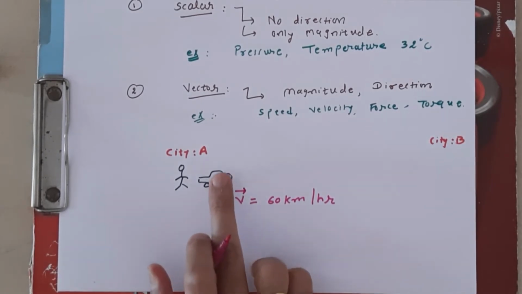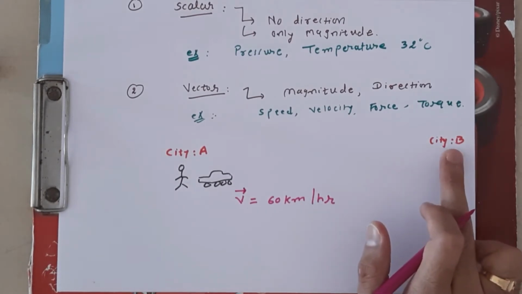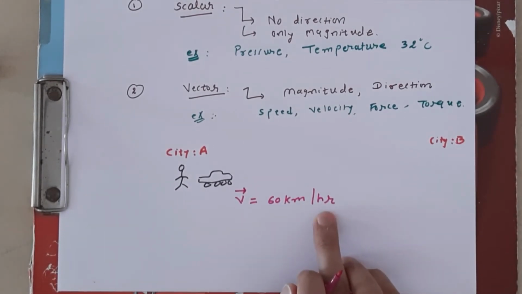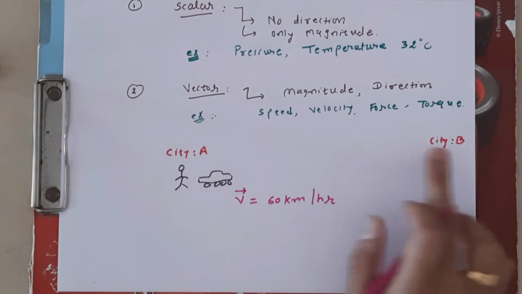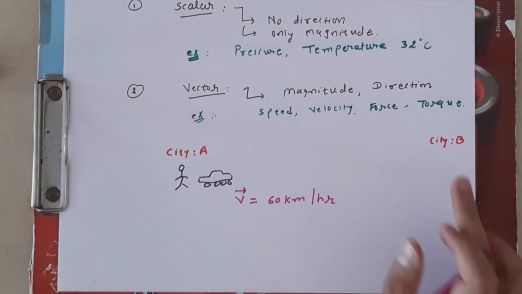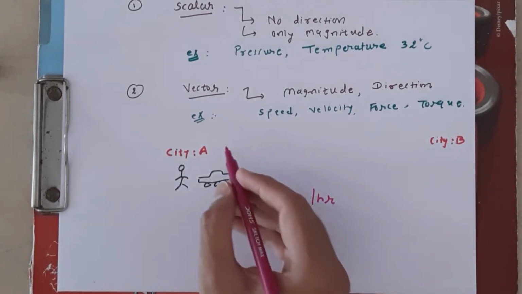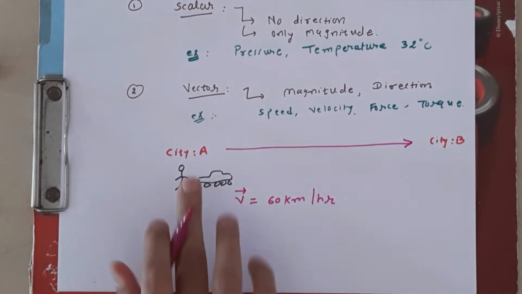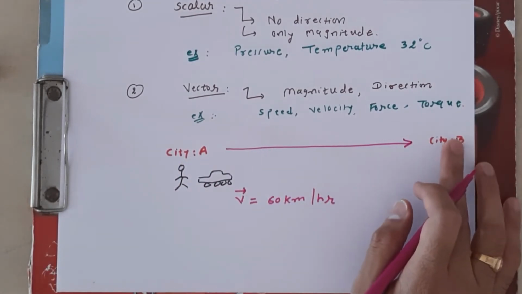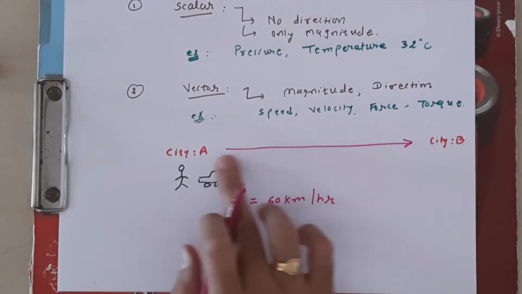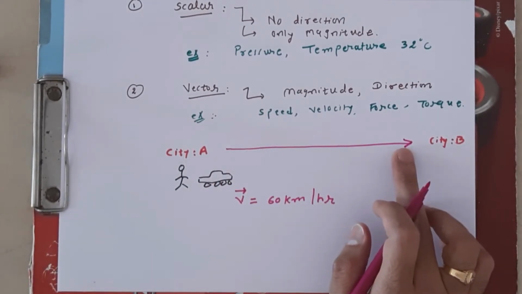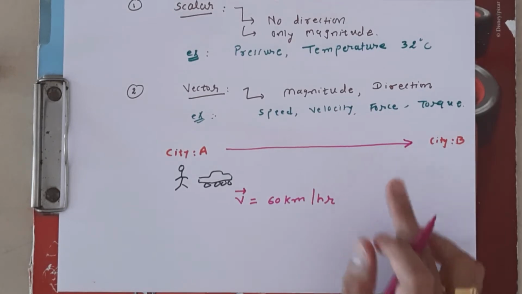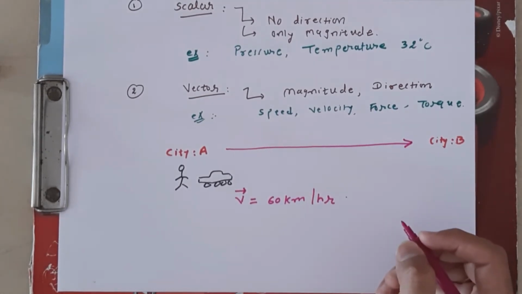The boy is driving a car from city A to city B at 60 km per hour. That means I have to point it in which direction? The boy is driving a car in this direction from city A to city B. This line indicates the specific direction. So here I have to mention the direction also.